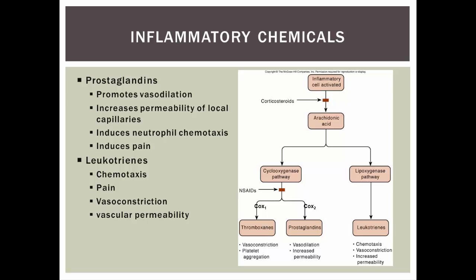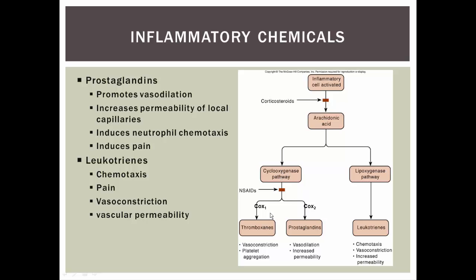Now, how these come about is seen in this slide. So let's say we have some kind of inflammatory cell activity, so we get some kind of inflammation going. There's arachidonic acid in the cell membranes of your tissue cells or in the inflammatory cells. This arachidonic acid will go by either one of two biochemical pathways here.